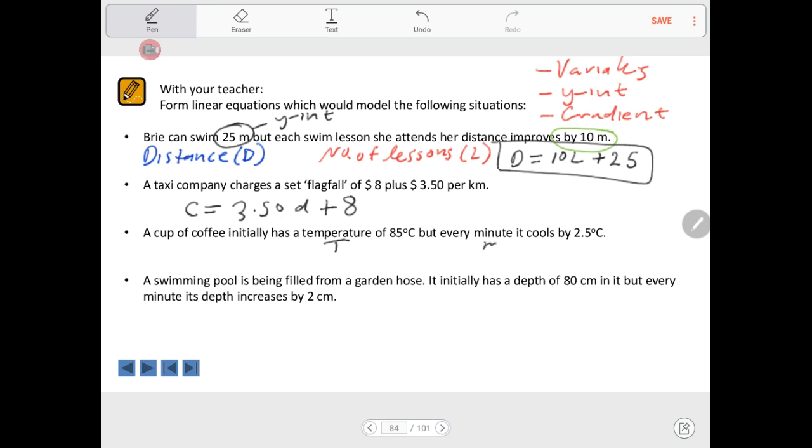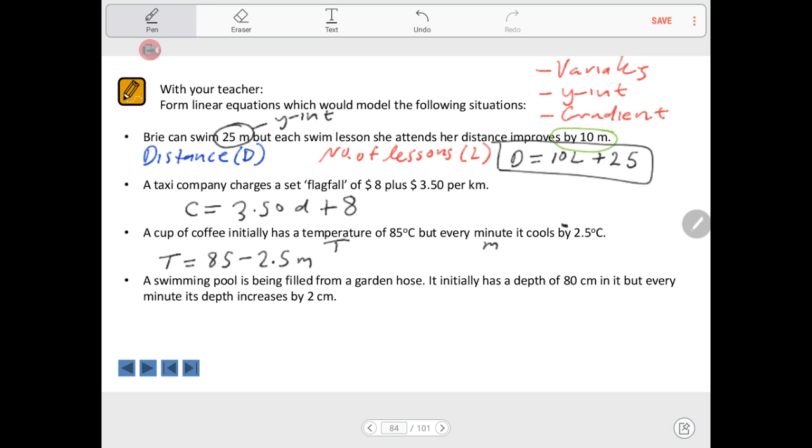I'll use M for minutes this time. So the temperature is going to be equal to, the starting amount was 85. We started out at 85. It's going to go down, so this time we're in negative for our gradient. It's going to go down by 2.5 degrees each minute. So we multiply 2.5 by the number of minutes. Because we've got a decrease in temperature, that is a negative 2.5 for the gradient there.